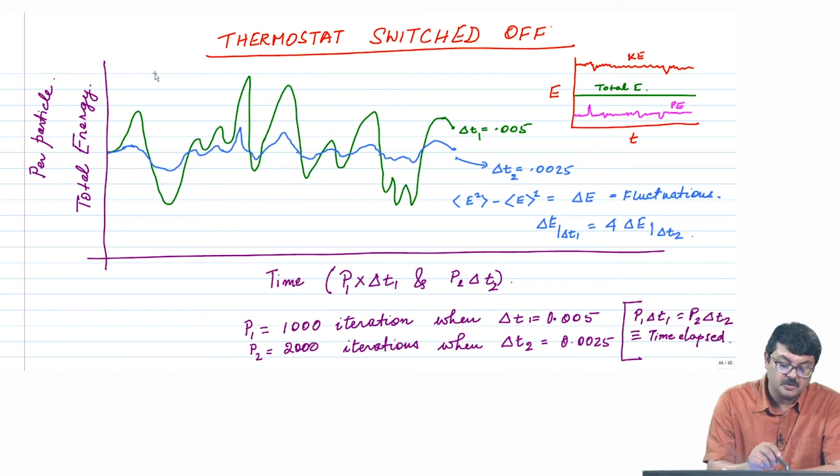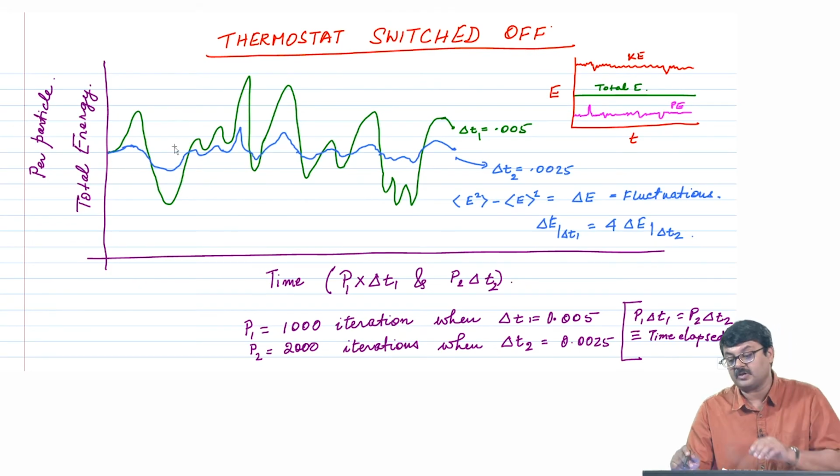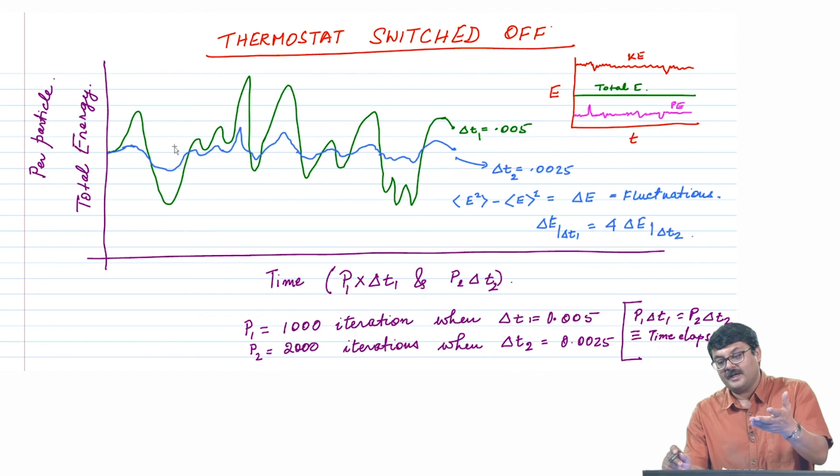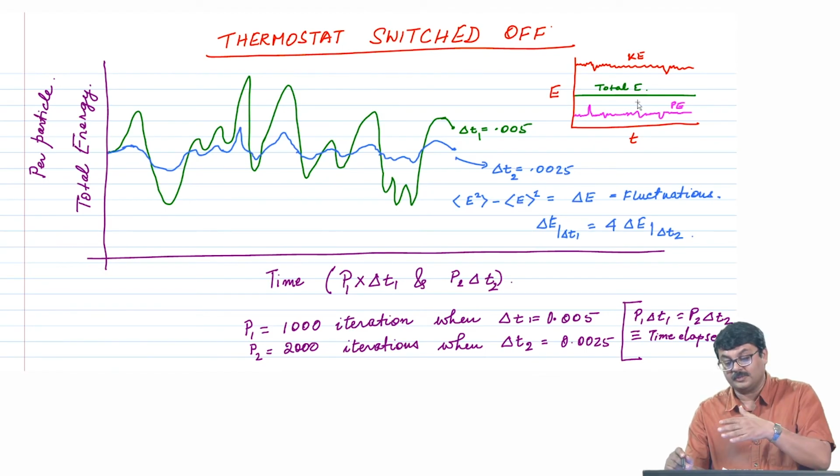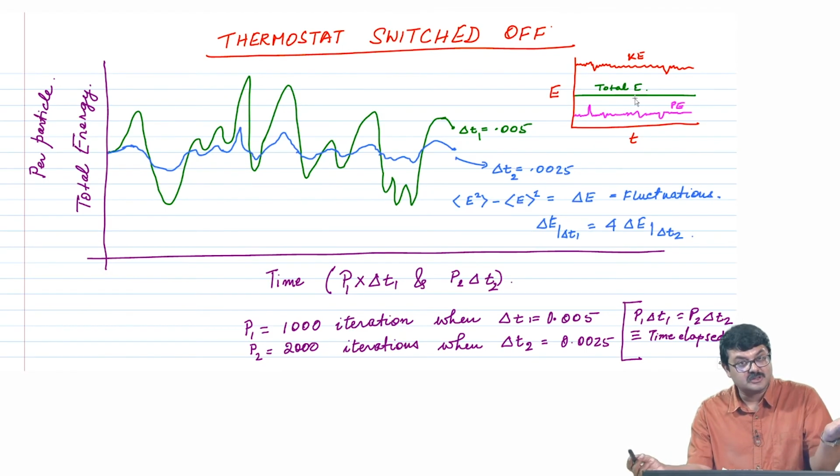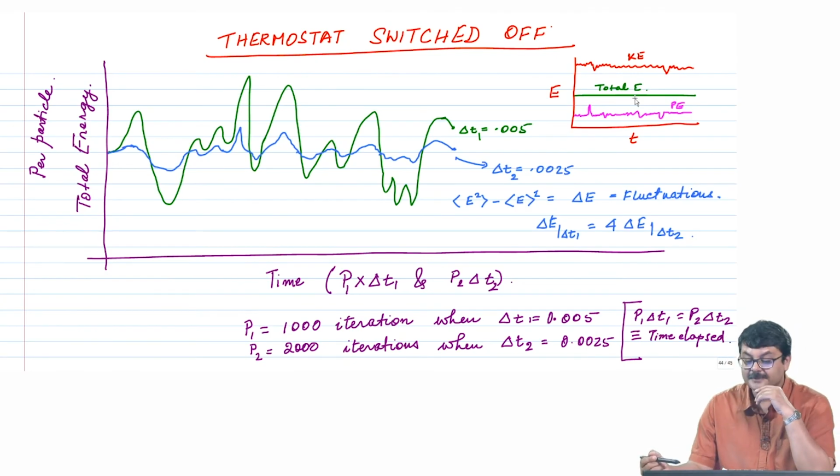And now, you plot the total energy again and zoom in. Of course, on this scale it is going to appear to remain exactly on top of each other, because the total energy is constant.